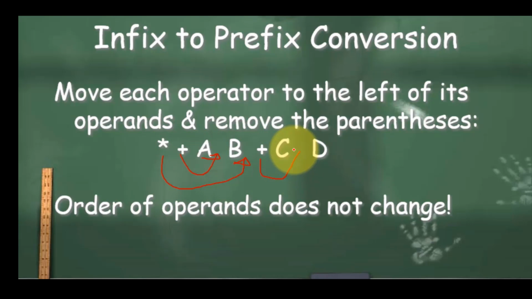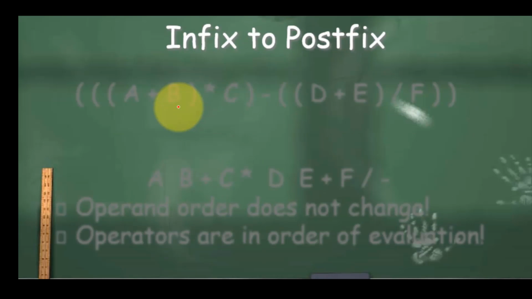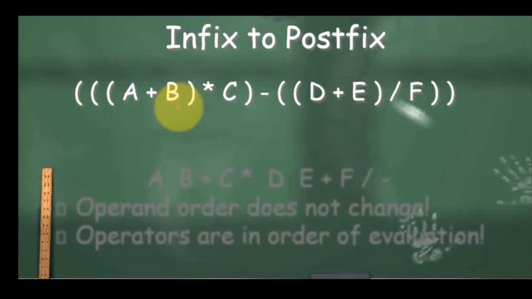All right. Okay, next, this time conversion of infix to postfix. Normally it is inside the parenthesis. So if we want to convert this, first we need to move the operator to the right side. That is the difference.